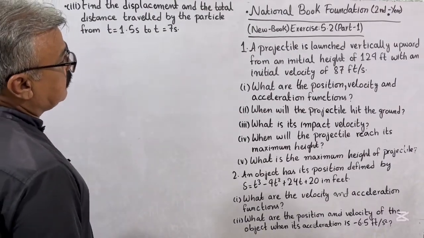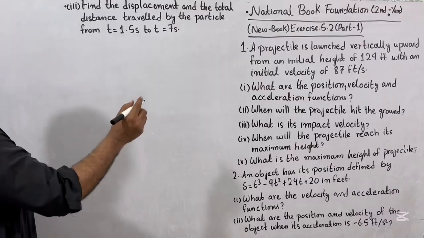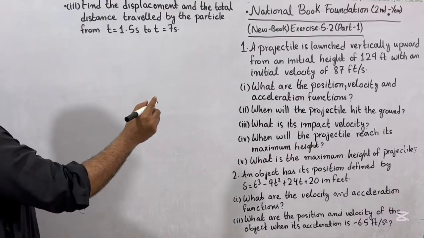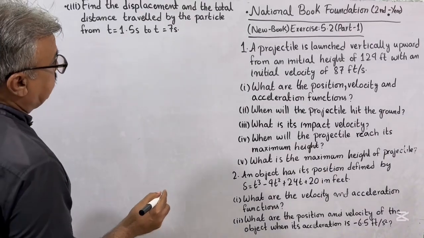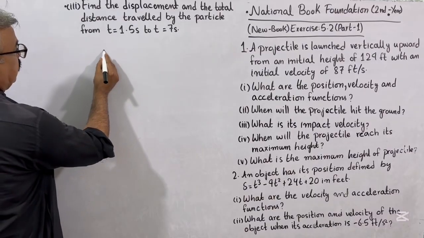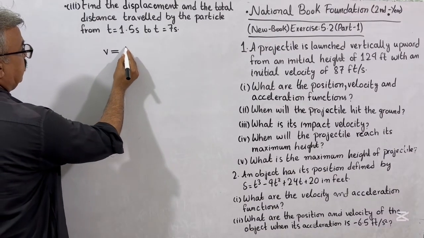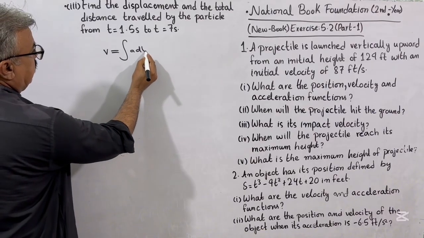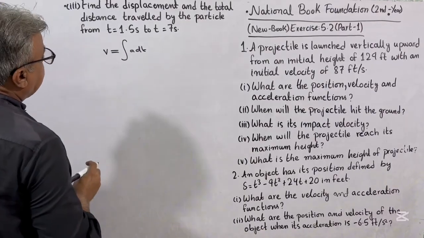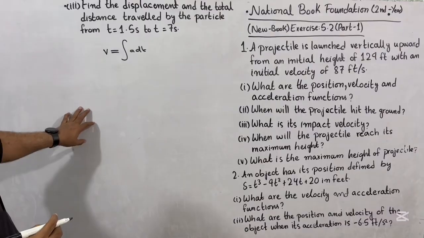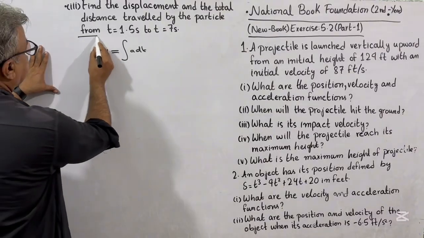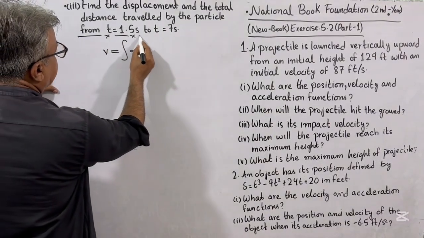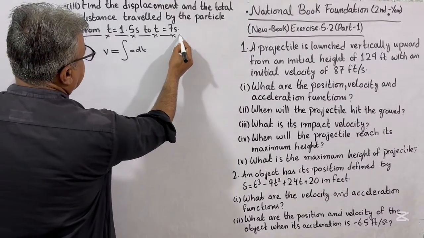A projectile is launched upward with an initial velocity of 87 feet per second. How can we get to velocity? Integrate acceleration with respect to time to get velocity. Why?